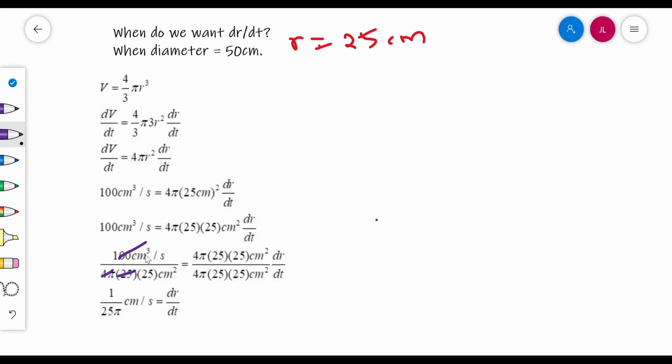But the other thing we have to notice is that centimeters cubed divided by centimeters squared just gives us centimeters. And the per second stays because nothing divided it out. So we have what we would expect for dr/dt, a linear measure, centimeters per second, and the answer is 1 over 25 pi centimeters per second. And we've solved our first sort of complicated related rates problem.